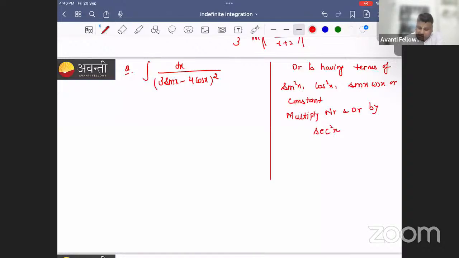We multiply numerator and denominator by secant square x. Now, here also if I multiply and divide by secant square x, the numerator will become secant square x dx upon, and the denominator will become 3 tan x minus 4 whole square.